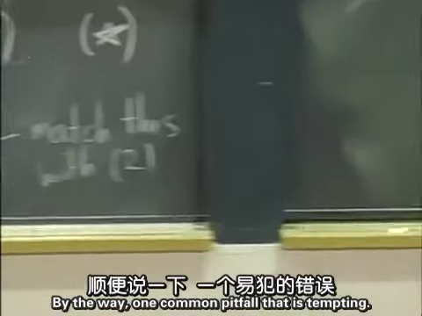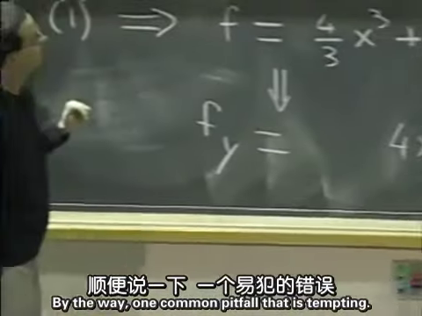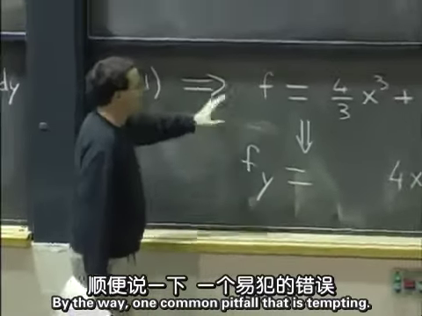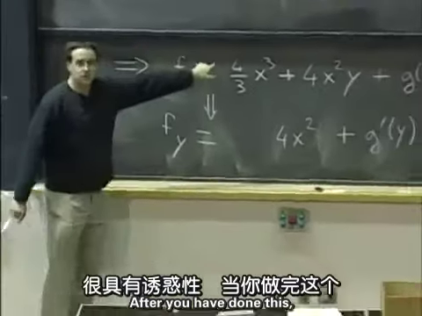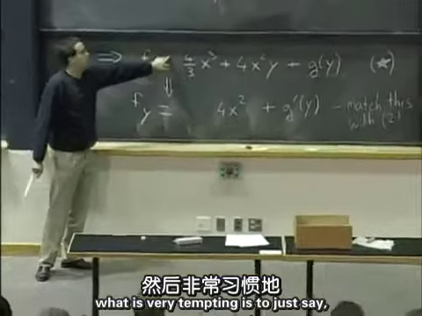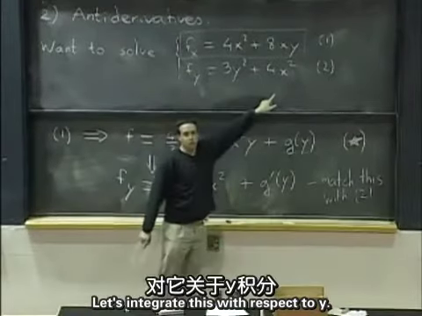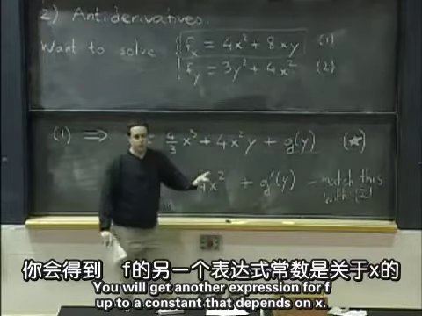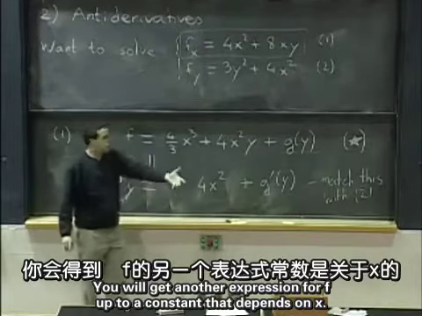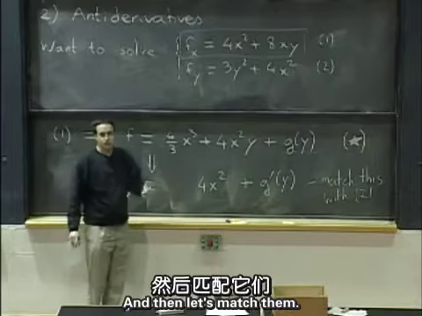By the way, one common pitfall: after you've done this, it's very tempting to say, oh, let's do the same with this guy. Let's integrate this with respect to y, and you'll get another expression for f up to a constant that depends on x, and then let's match them.